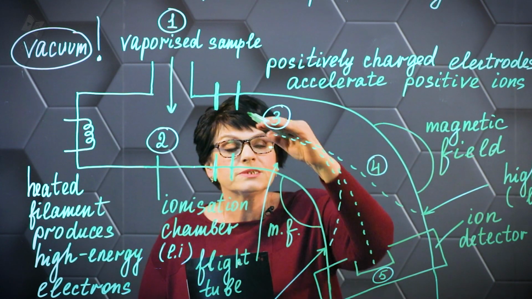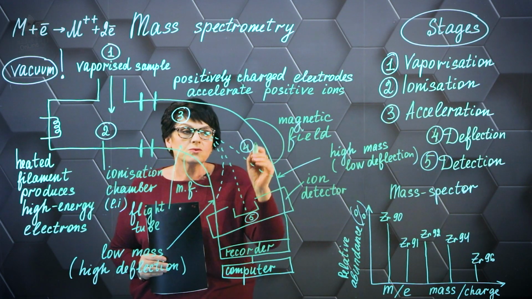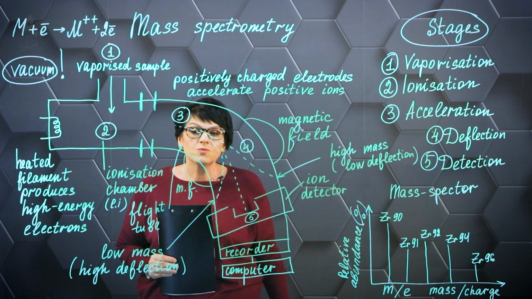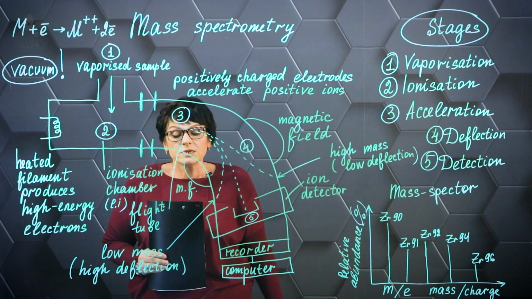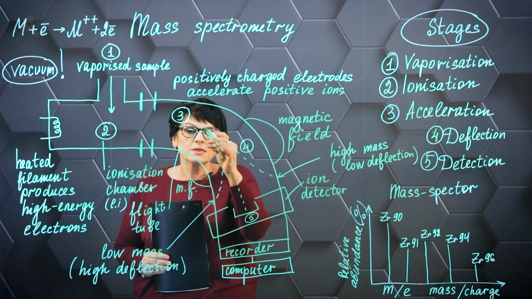Then in the path of these particles, there are electromagnets that create an electromagnetic field. This is where the charged particles are subjected to the Lorentz force, which causes them to deflect.